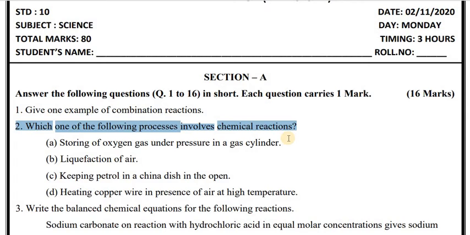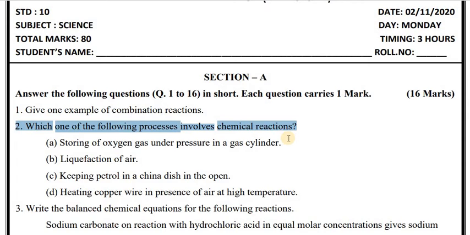In ninth standard and the previous standards as well, we studied the difference between a physical reaction and a chemical reaction. As we know, in a physical reaction no new substance is formed, so it is considered a physical change.